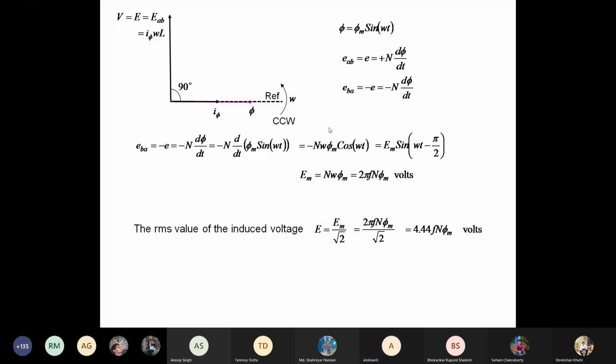This is a very commonly occurring number you will now encounter: the voltage induced is equal to 4.44 f n phi m. Has anybody checked on the calculator? This number is coming to be 4.442. Yes, sir. So the RMS value of the induced voltage is 4.44 f n phi m volts.